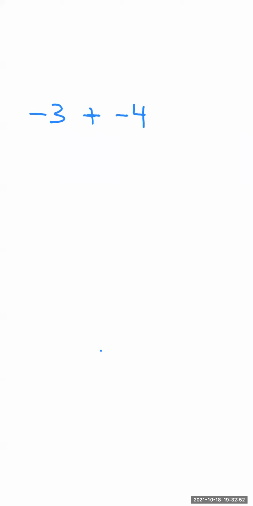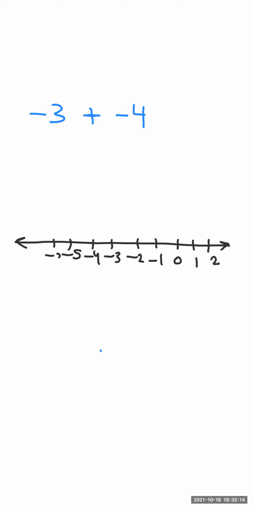To add -3 and -4 on the number line, if this one is 0 and 1 and 2, and this side for the negative like -1, -2, -3, -4, -5, -6, -7, and so on.